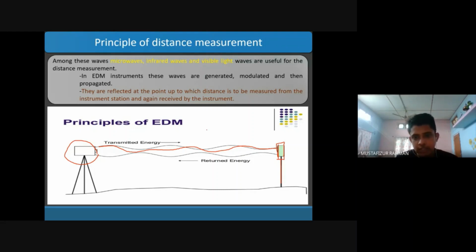We know the velocity. The simple principle is that velocity is equal to distance by time, right? So we know the velocity. If we can measure the time, we can find out the distance traveled. That is our intention: to find out the distance.